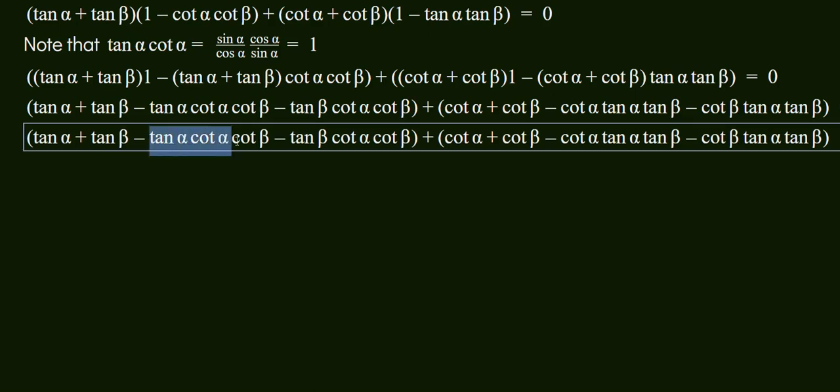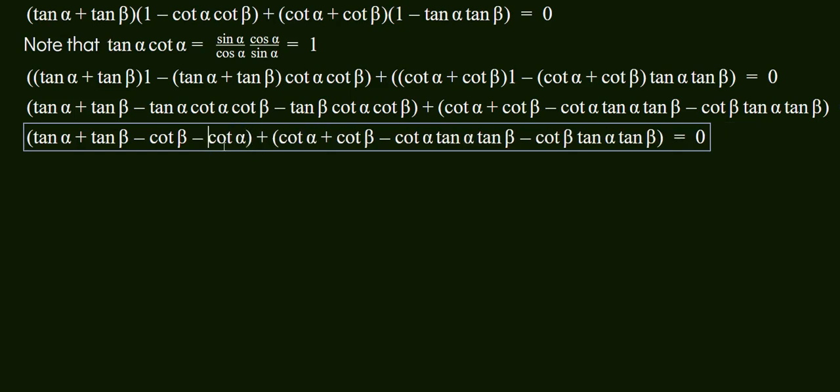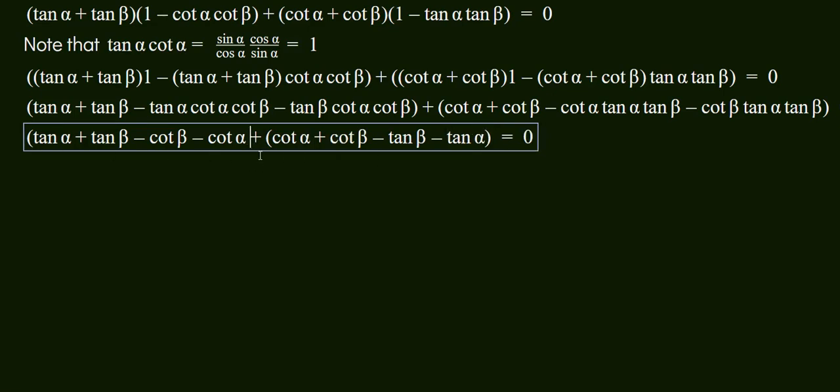So these two just become 1, and this one would just become 1. These two just become 1, and this one would just multiply to be 1. And now you can see where this is going. Since I have only addition in between these, I don't need the parentheses because there's no negative to distribute.